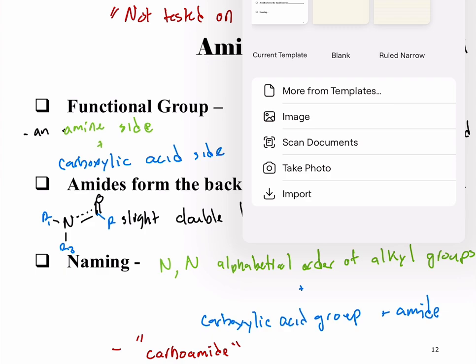This says carboamide. So for example, if you have an amide on a cyclohexane, it's not part of the parent chain of the cyclohexane, so you treat that as an alkyl group. If it was a carboxylic acid, it gets called cyclohexane carboxylic acid. So if it's an amide instead of a carboxylic acid, it's called cyclohexane carboamide.